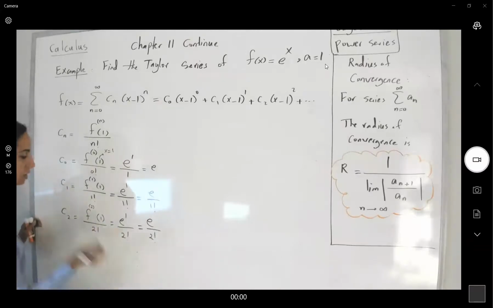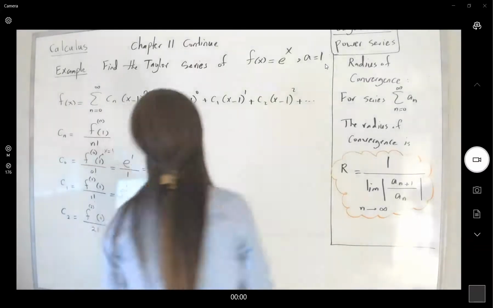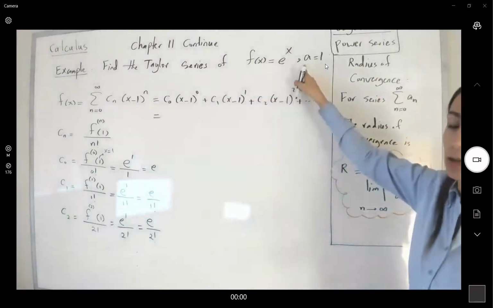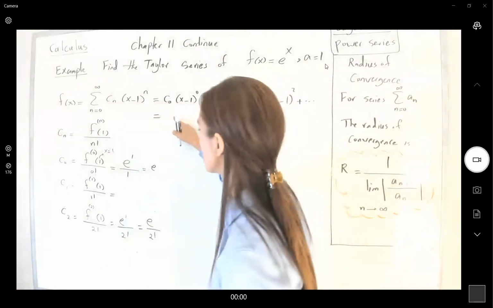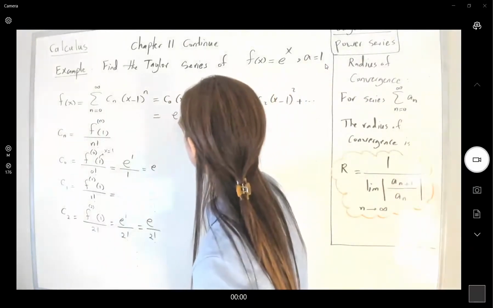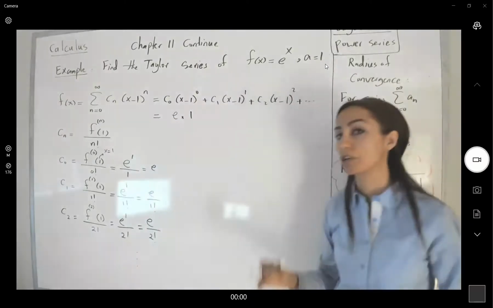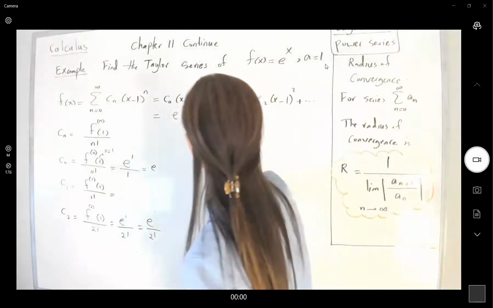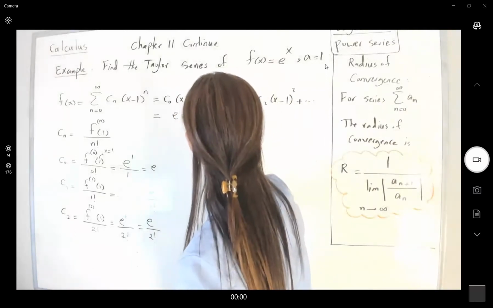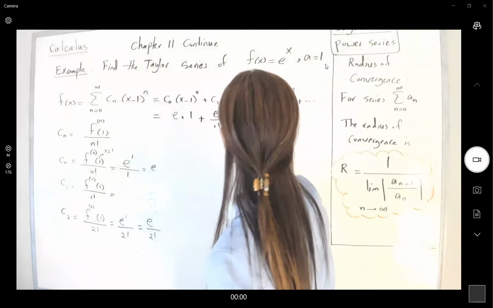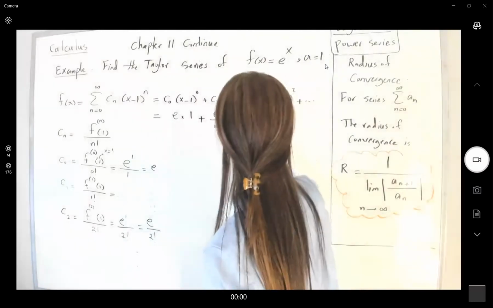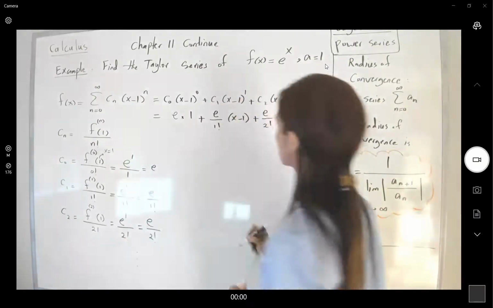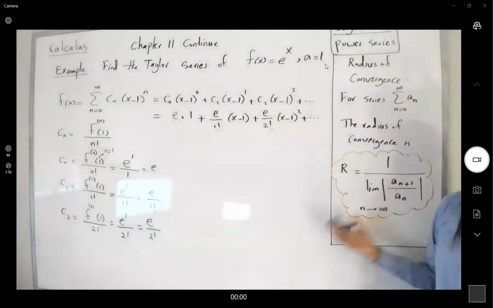We can continue this process. So the Taylor series of e to the x at a equals 1 is equal to C sub 0, which is e, times (x minus 1) to the power 0, which is 1, plus C sub 1, which is e over 1 factorial, times (x minus 1), plus C sub 2, which is e over 2 factorial, times (x minus 1) to the second power, and so on. So this is your expanded form.